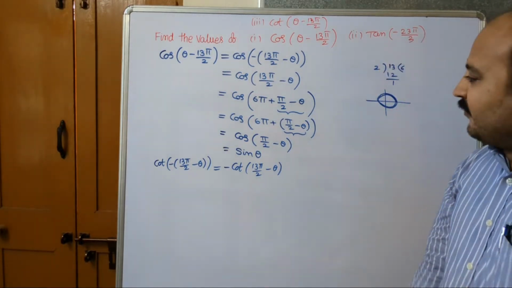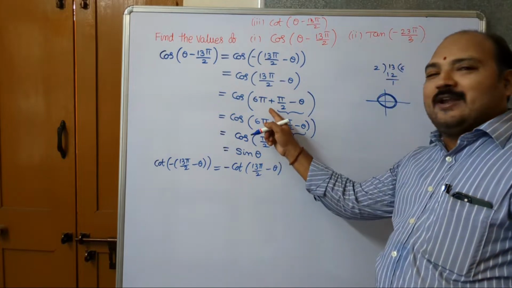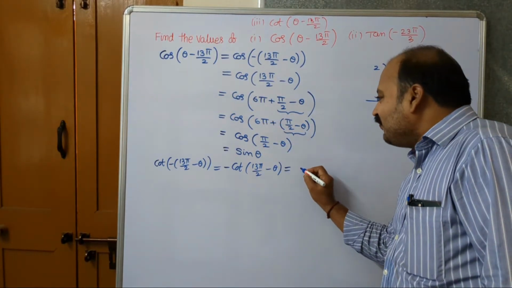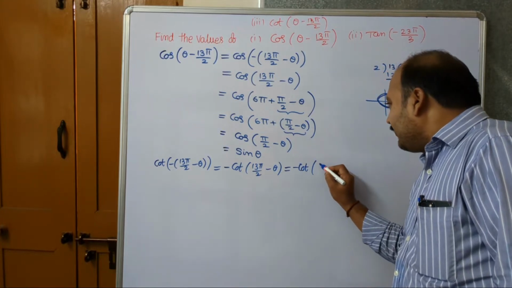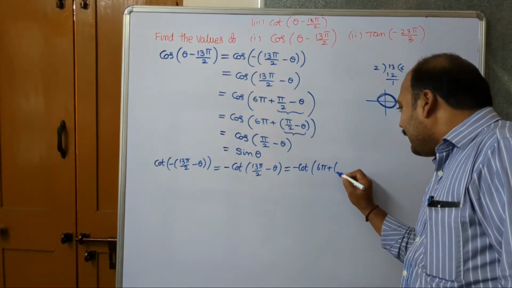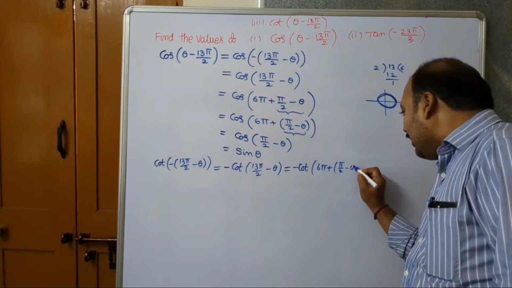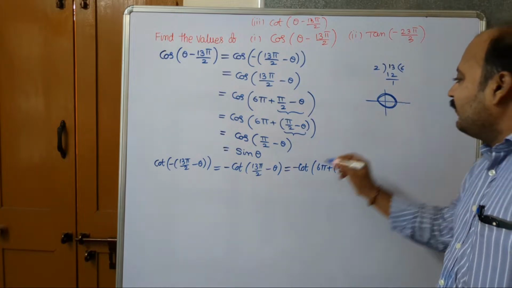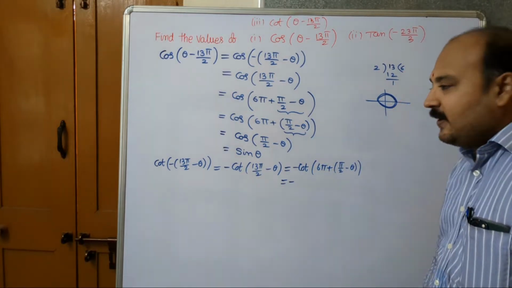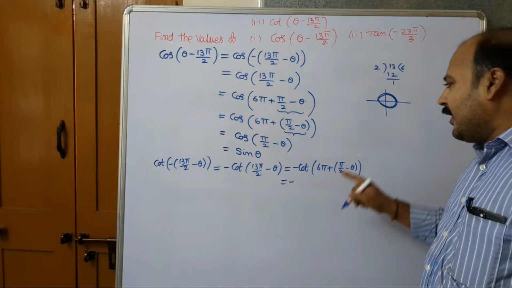Okay, dear students? Again 13 pi by 2, how we are going to write? The same procedure we can follow. Minus cot 6 pi plus pi by 2 minus theta. In the same way, cot of 6 pi, again we are getting first quadrant.